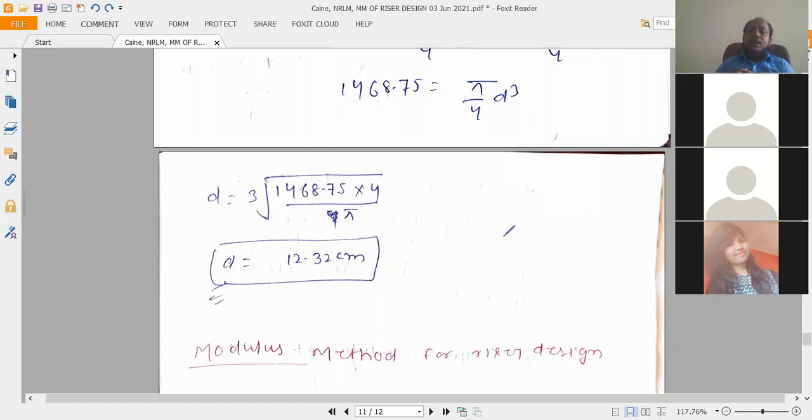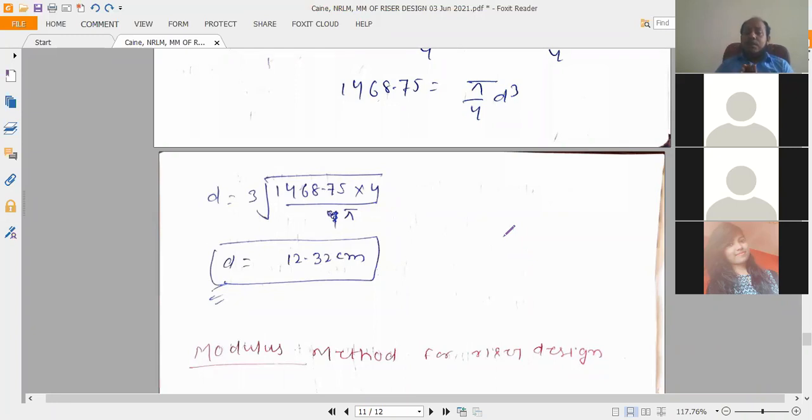We consider the Naval Research Laboratory method when the question says you have to apply it, and the graph is always provided in the case of the Naval Research Laboratory method.